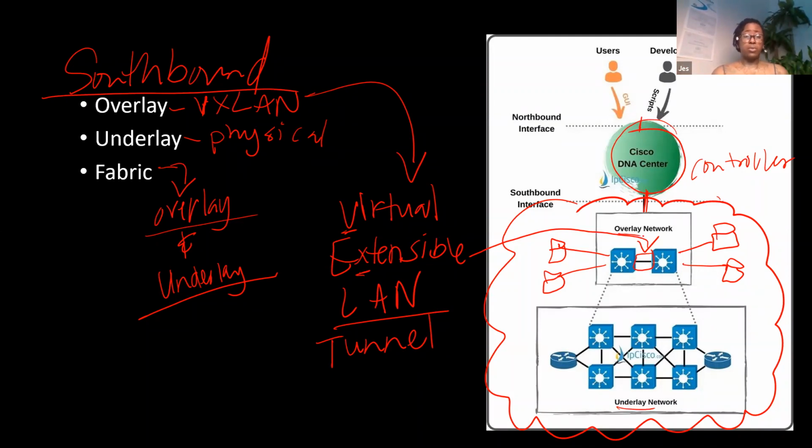We have different fabrics, different LANs, because we're talking about one LAN. We know what a LAN is, right? It's local. So obviously we're going to have more than one LAN in our environment. Depending on how many sites we're managing, we can have up to 30, 40, 50 LANs, which in turn have 30, 40, 50 VXLANs, these tunnels.